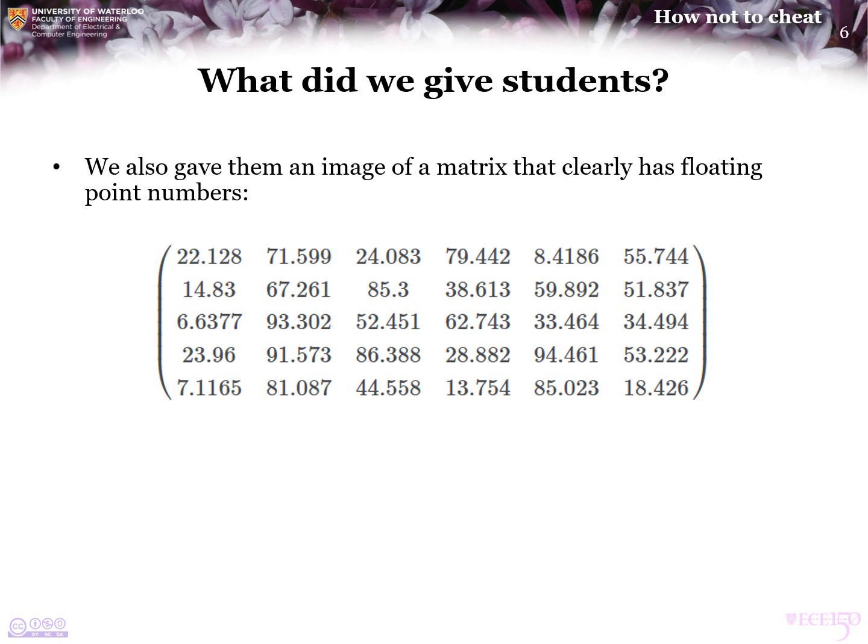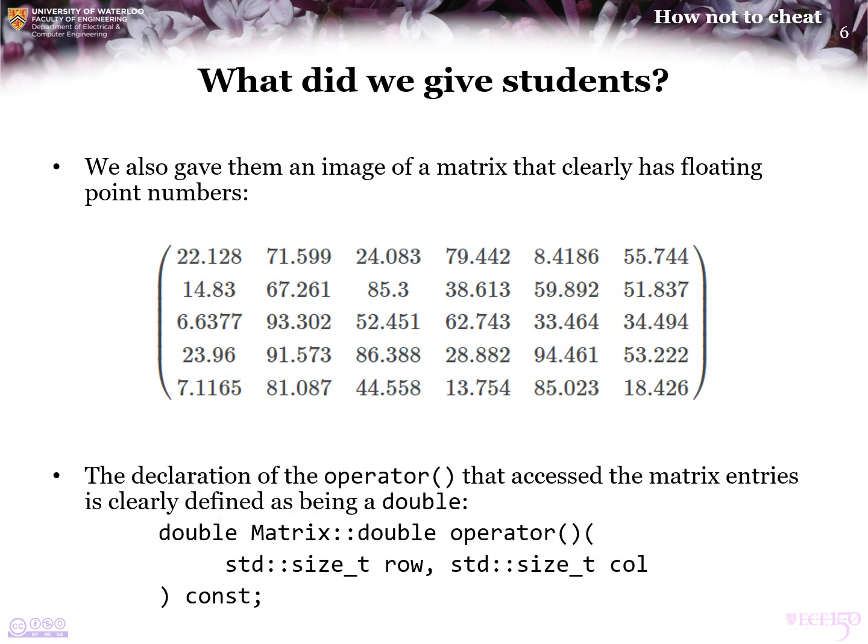You will notice that 23.96 is strictly greater than all other entries in that column and strictly less than all entries in that row. We also gave them the declaration of the indexing or parentheses operator, and this is clearly defined to return a double.